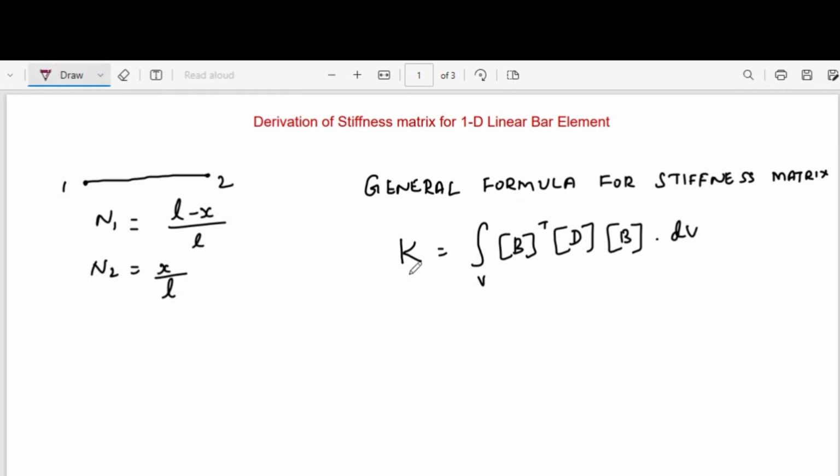Okay. So K is the stiffness matrix, so it should be in matrix form.